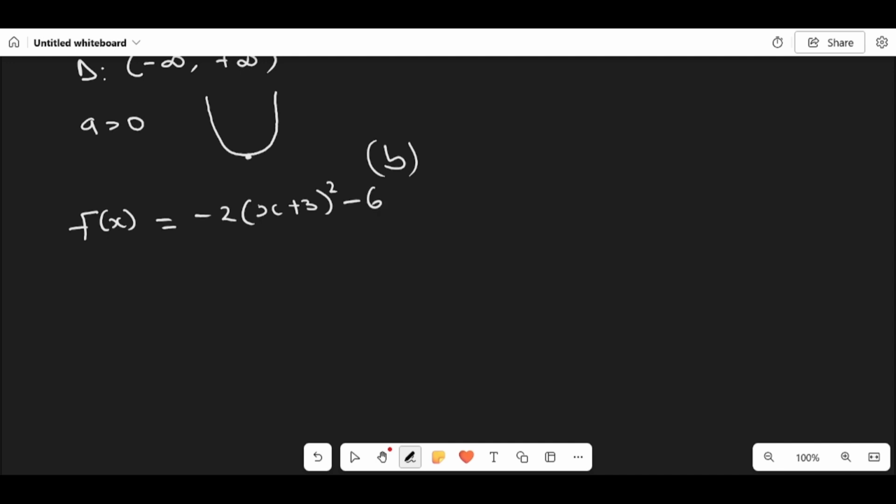The given function can be written as follows: f(x) = -2(x - (-3))² - 6.